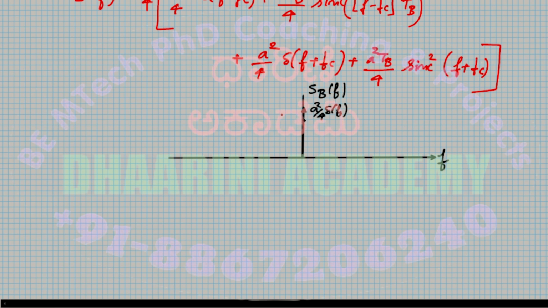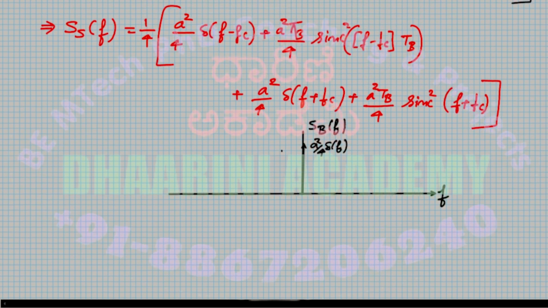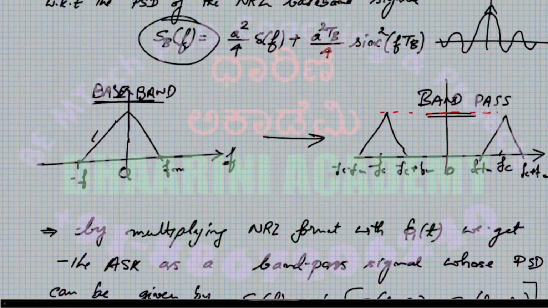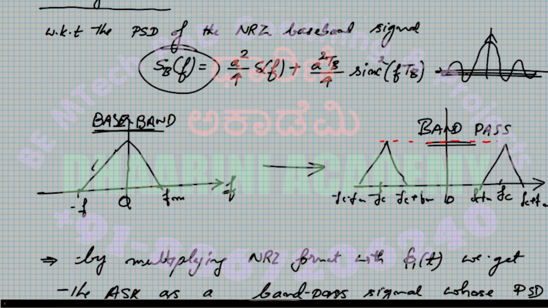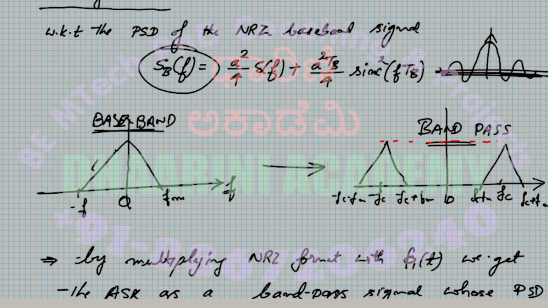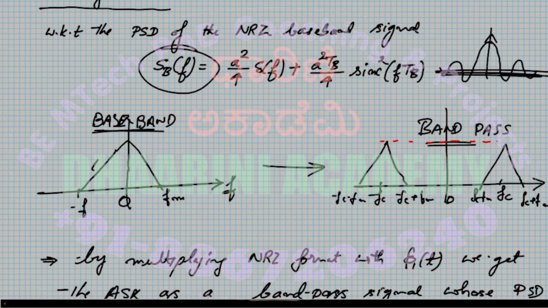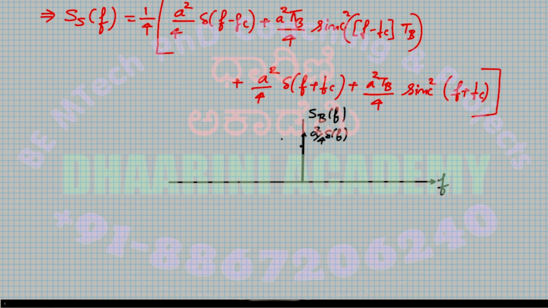Sinc square means it is only positive, right? It's not sinc. I think I made a mistake when I wrote here, because what I wrote was a sinc function, which has negative parts as well. There is no negative, okay? Only positive because it is sinc square. Whatever you have negative becomes positive. So I should write that very properly now. It starts from here, goes to this point, comes to the top, and like this. The same thing should happen even on the other side. This is the sinc square function.